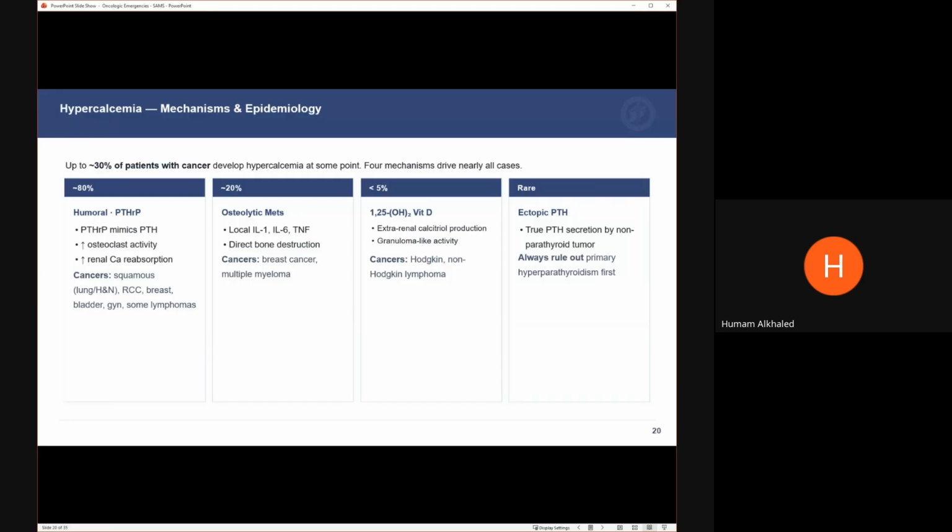There are different mechanisms of the causes of hypercalcemia in patients with cancer. The first one is PTHrP, or parathyroid hormone-related protein-mediated, and that's about 80% of the patients. That's where the tumor produces a protein called PTH-related protein, which acts like PTH, basically.